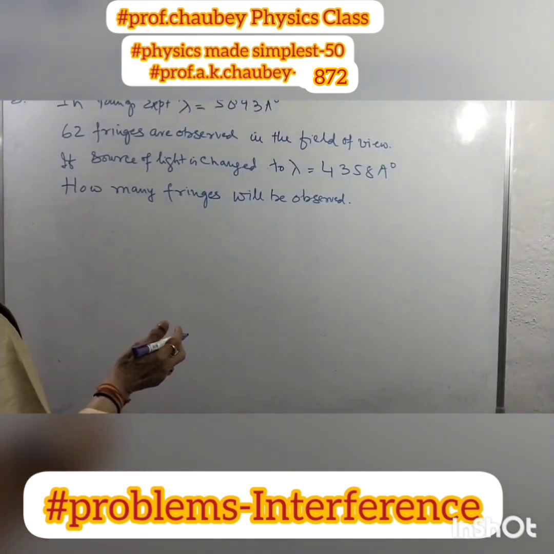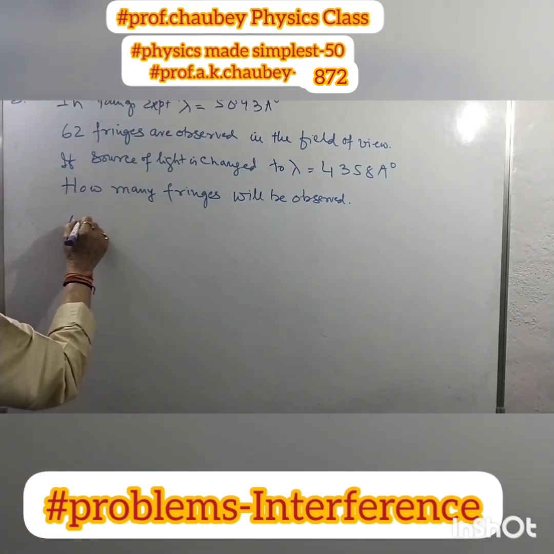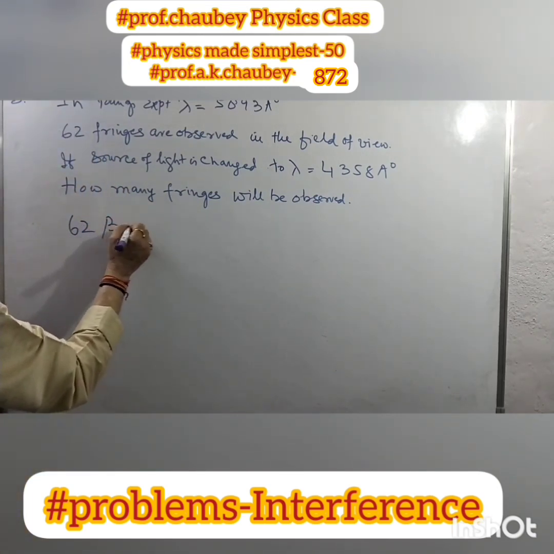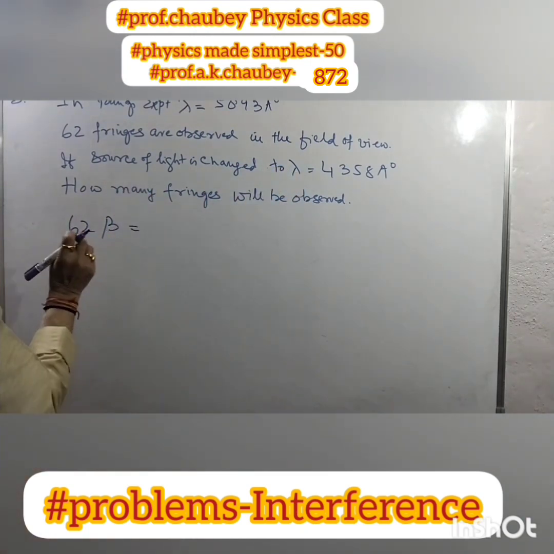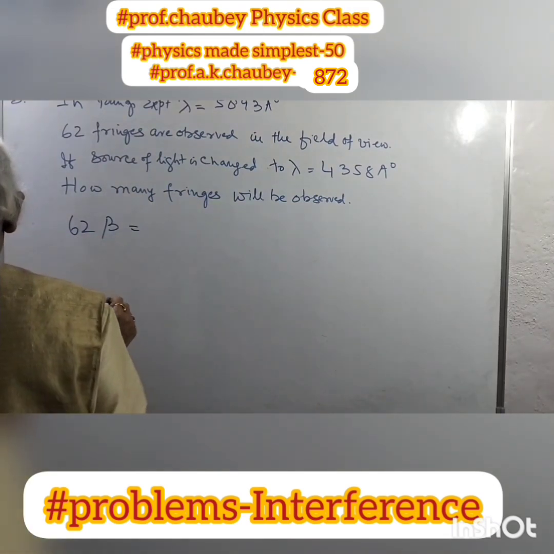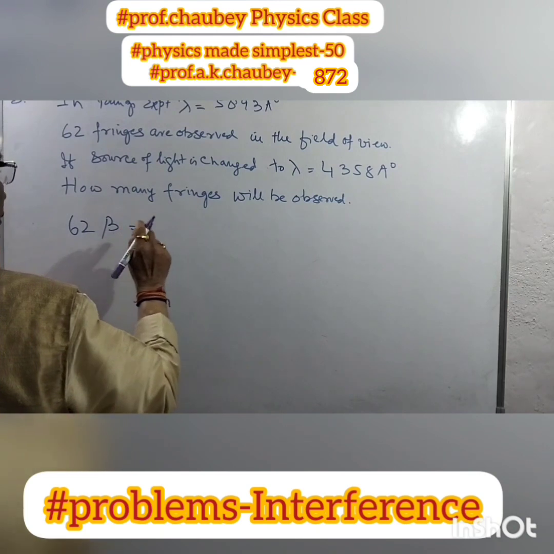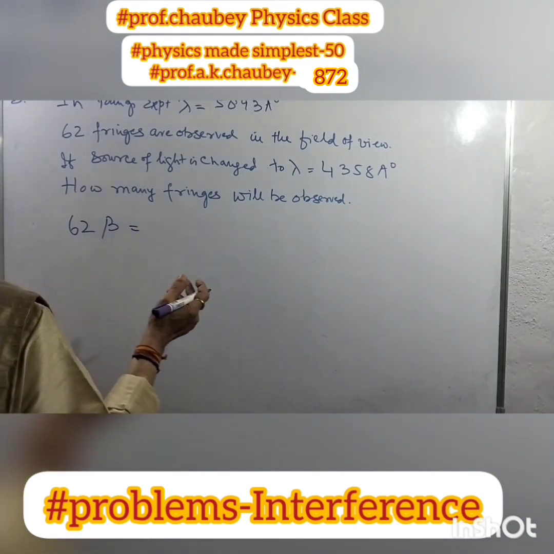The first problem is, 62 fringes are observed. So 62 into beta, where beta is the one fringe width, so 62 beta is the total. Beta is equal to lambda D by d.